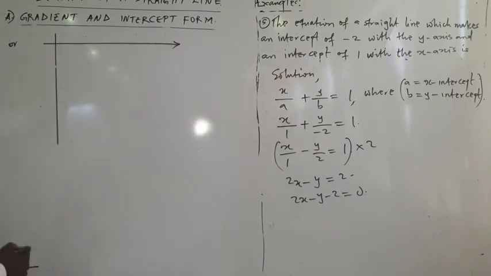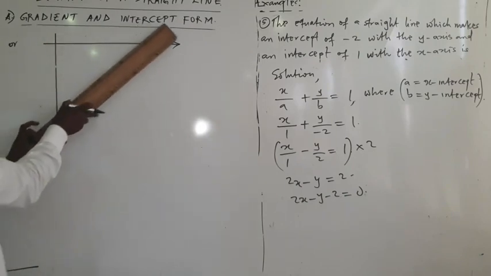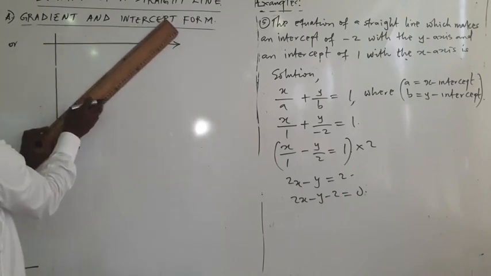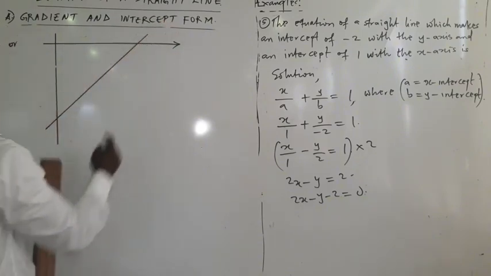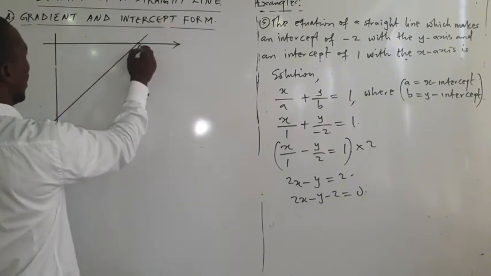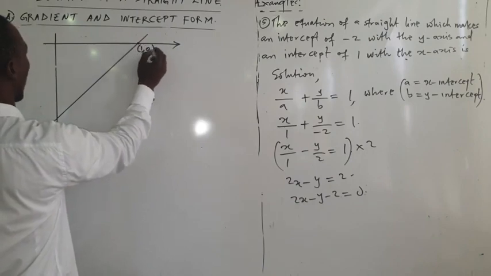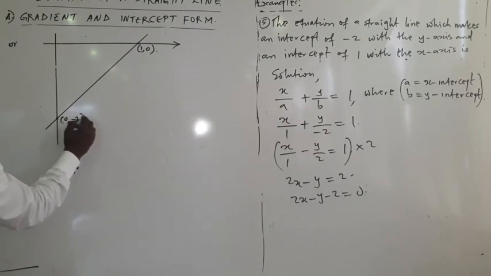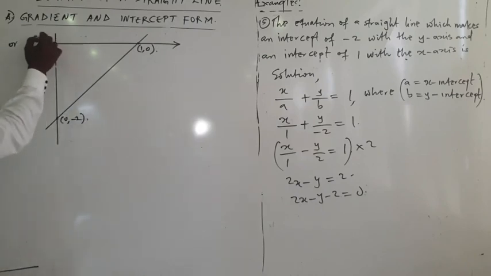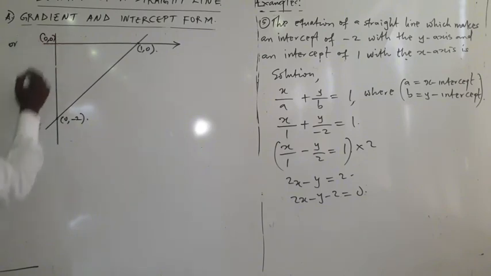Then we have the positive x-axis, so our line will be in this form. The x-intercept is at x is 1, y is 0. Then at the y-intercept, x is equal to 0, y is minus 2.